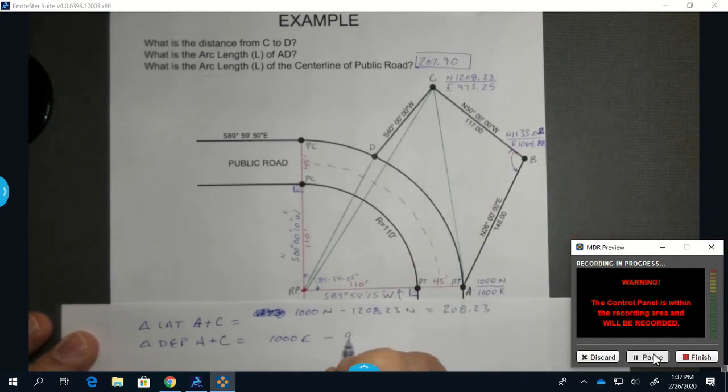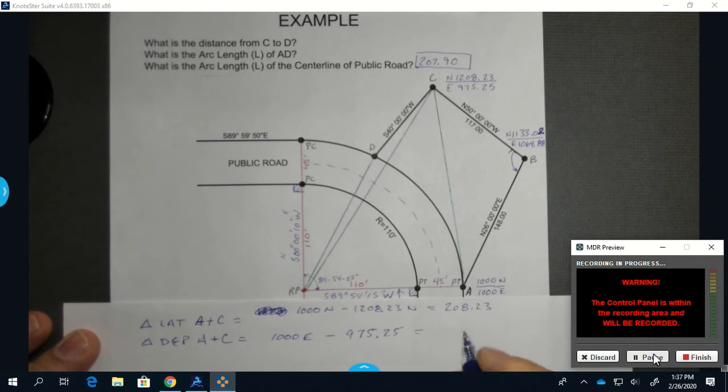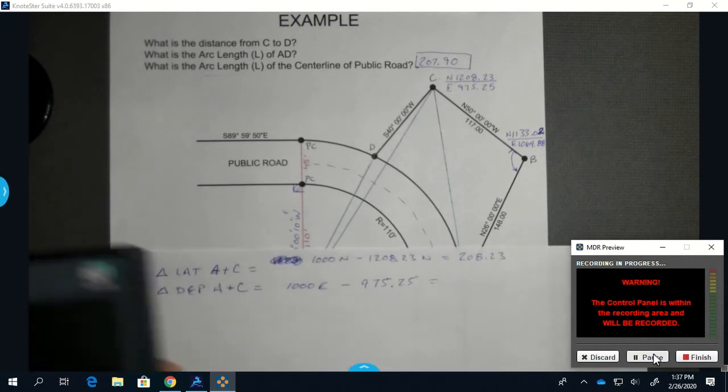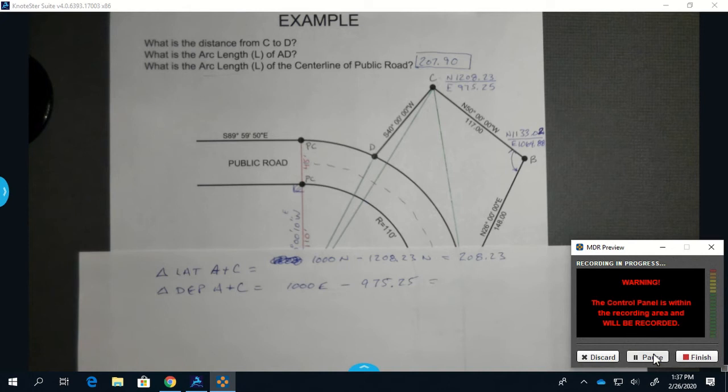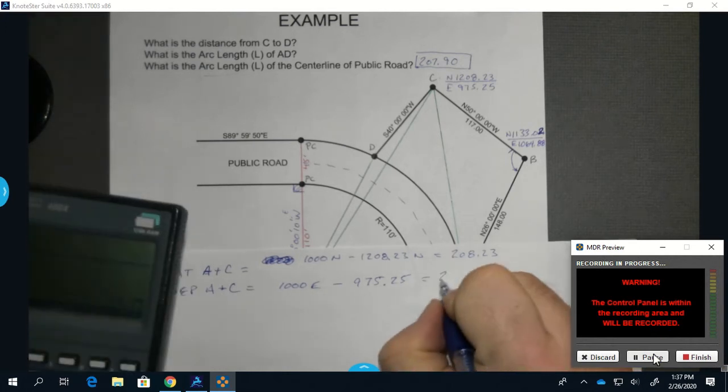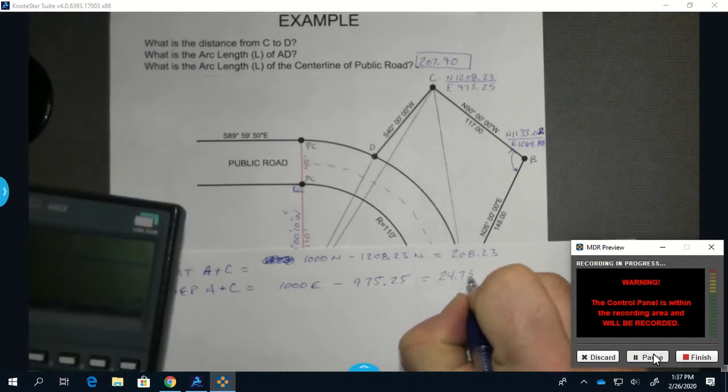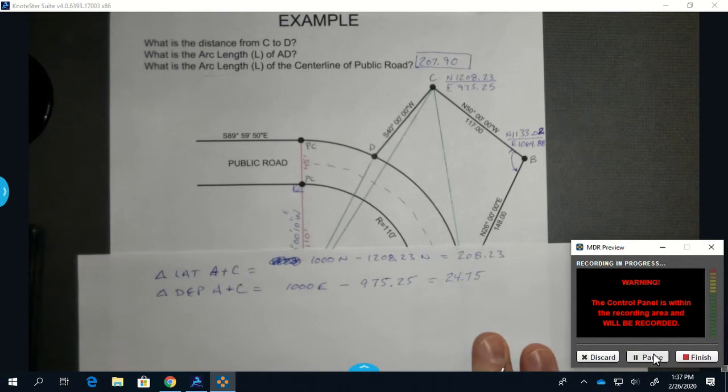If I have the change in departure of A and C, I'm going to have 1,000 in the easting, and I have 975.25 as well. So if I do the change between those, it is 24.75. All right.